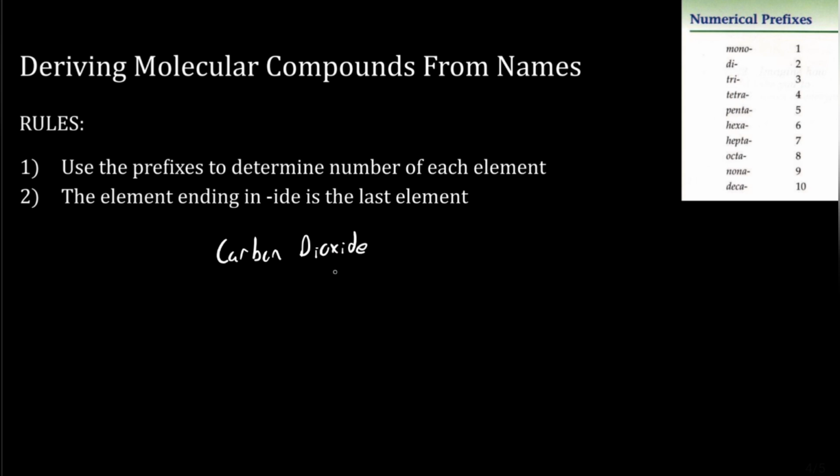We know that since dioxide ends in IDE, we're going to have oxygen as our last element. And the di tells us we're going to have 2 oxygens. And since we have carbon here, we know carbon's chemical symbol is C. So we get the compound of carbon dioxide is CO2.